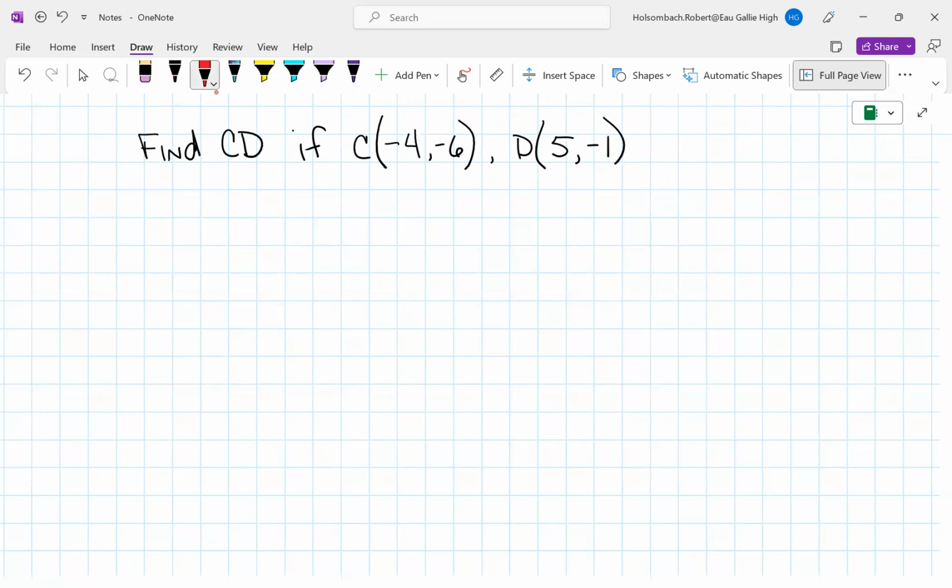So again, I would label the points first. We've got an X sub 1 and a Y sub 1, and then an X sub 2 and a Y sub 2.